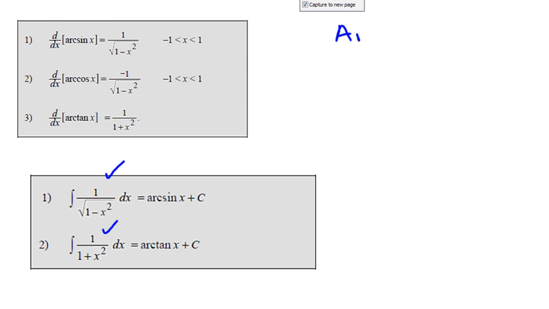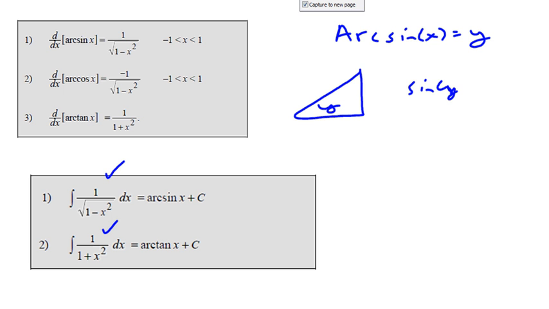So just as a quick redevelopment, if I have arcsine of x equal y, and I want to find the derivative, we create a triangle, and we say, well, sine of y equals x, so this must be x over 1. Therefore, this is the square root of 1 minus x squared.